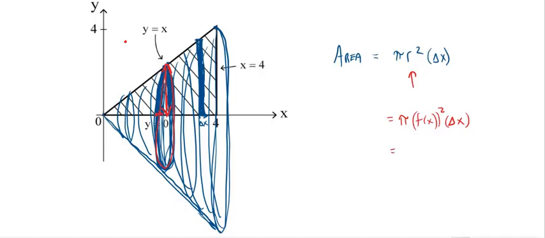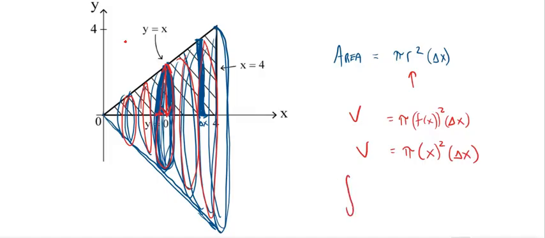So in this case, the volume of one disk is pi, and in this basic case, f of x is just x. Okay, and now if I want to add all of these disks up, that each have a little bit of width to them, we can do that. What do we do when we add up a bunch of areas?